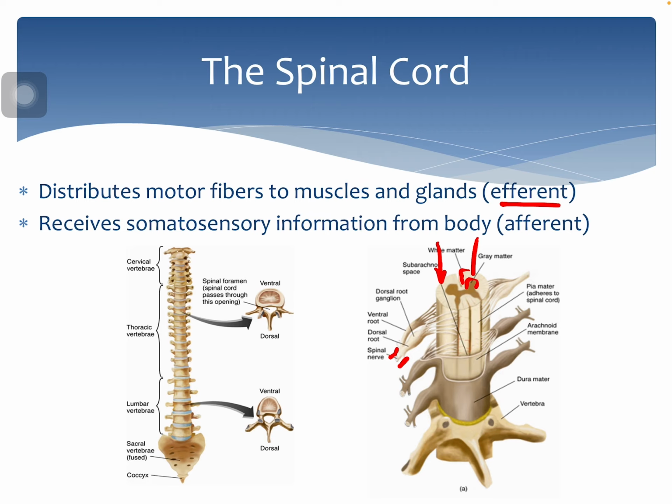And so this is kind of a mnemonic device. Some people like it, some people don't. It's up to you. I like the word efferent, and basically the F means moving away from the brain. That's how I remember efferent, is moving away from. And then the spinal cord also receives messages, which is afferent, receives that somatosensory information that it's getting from different parts of the body.